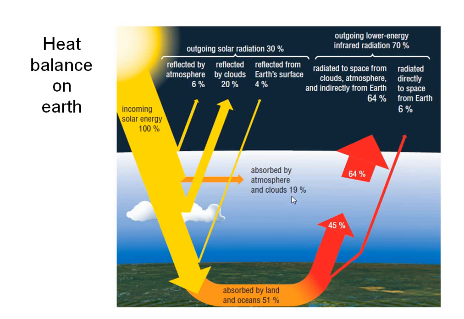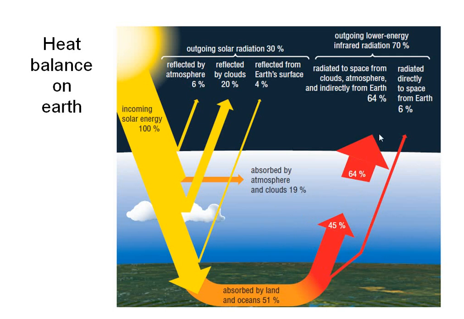And then this absorbed heat, okay? So it's kept in the atmosphere, or say on the surface of the earth for some time, right? For some time, and then slowly, okay, it is radiated.